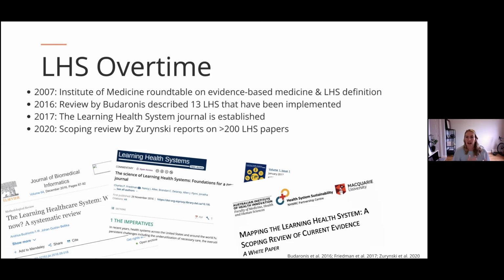So you can see just how this area of research has grown over time, and this review by Zarinsky was conducted in Australia, so you can also see that it's not just here in Canada or the US, it's really around the world. This idea of learning health systems is gaining traction.